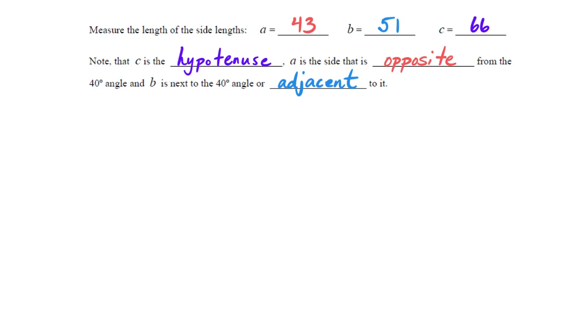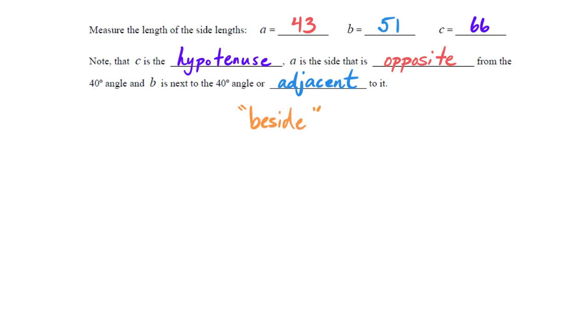We're going to call side A the side that is opposite from the 40-degree angle. You notice we use that based on our label as well. It's the side opposite. Side B shares a side with the 40-degree angle. So we would say that that was a side that was like beside it.